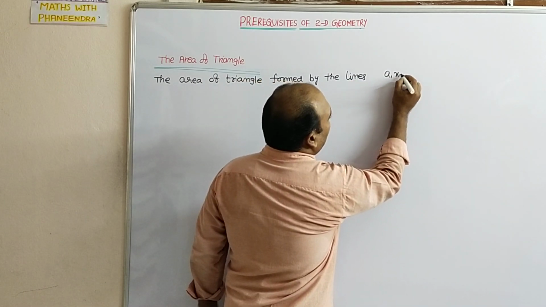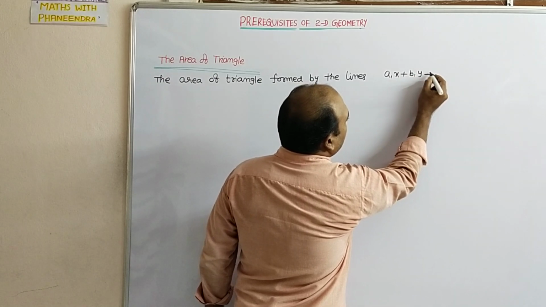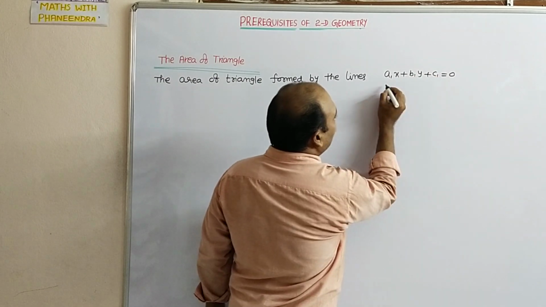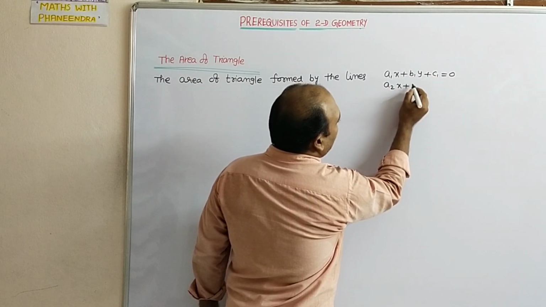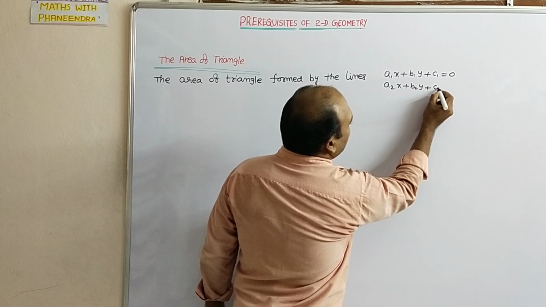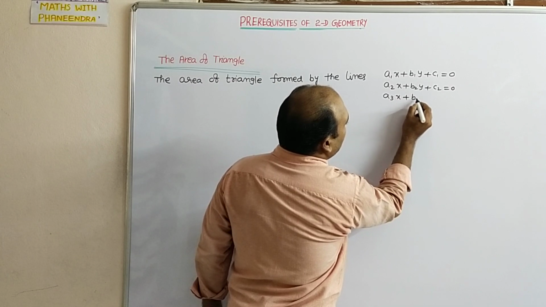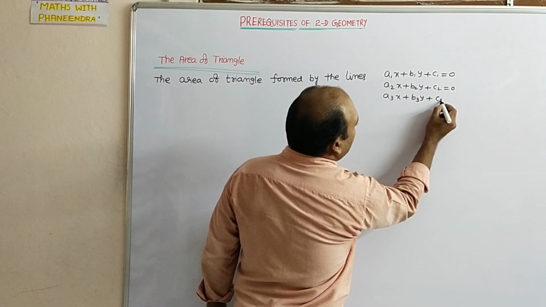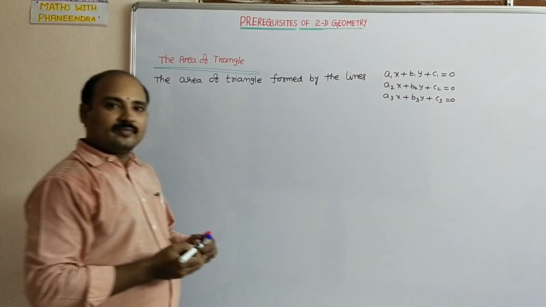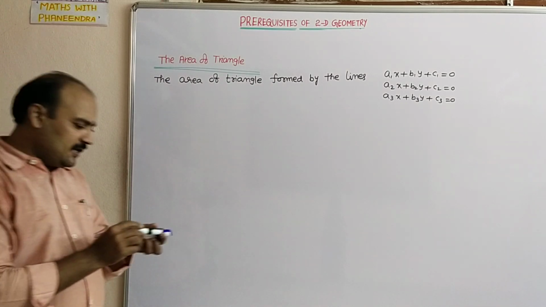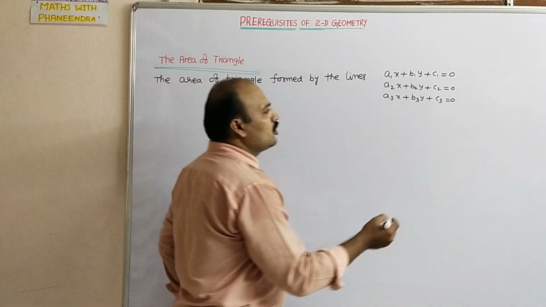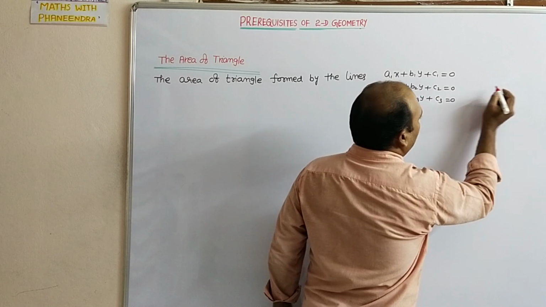A1x plus B1y plus C1 equal to 0, A2x plus B2y plus C2 equal to 0, A3x plus B3y plus C3 equal to 0. But how to write easily? See here, first I am going to draw a rough diagram.